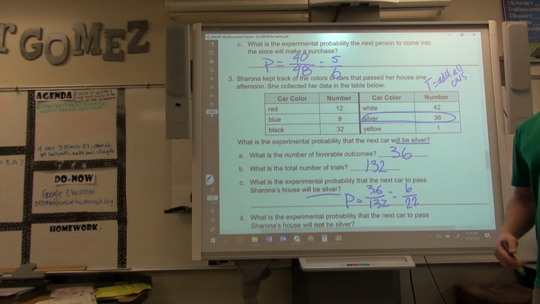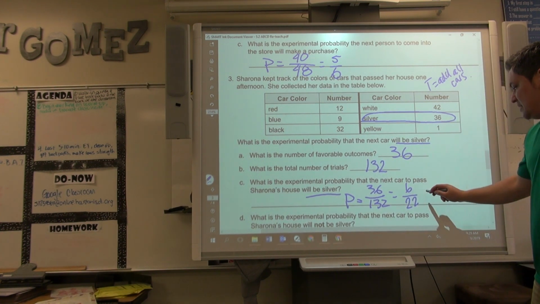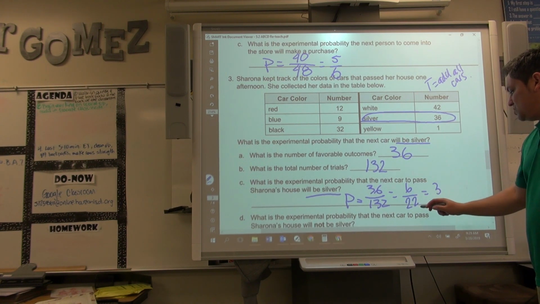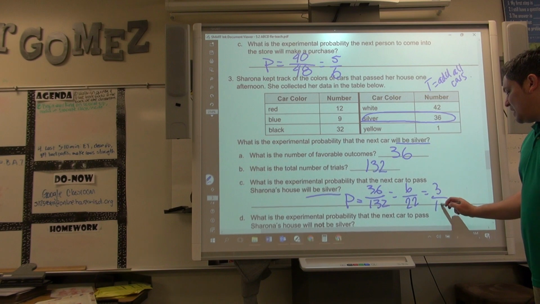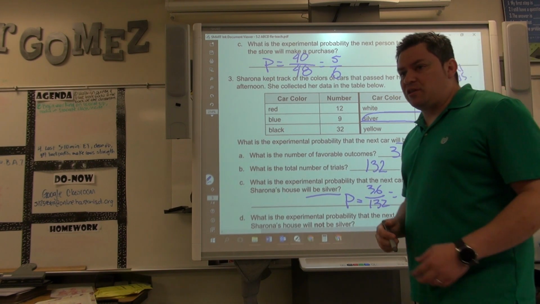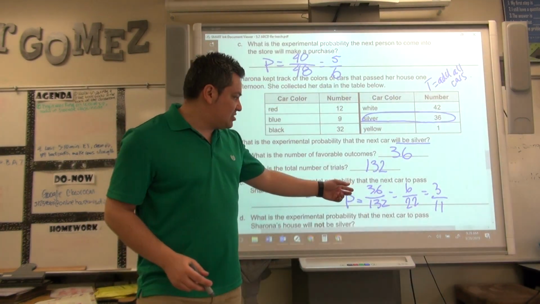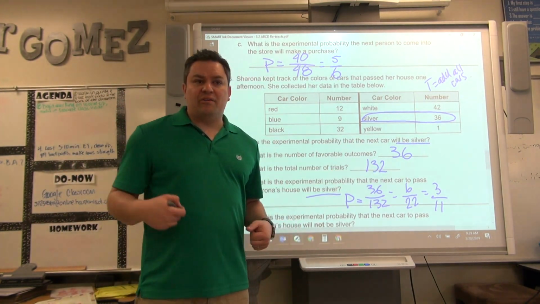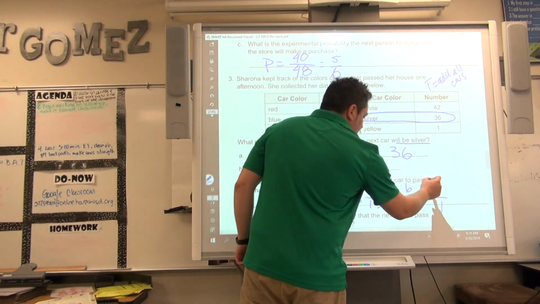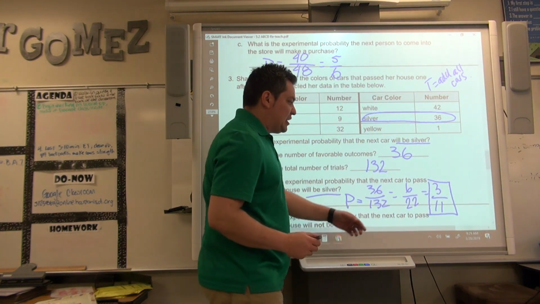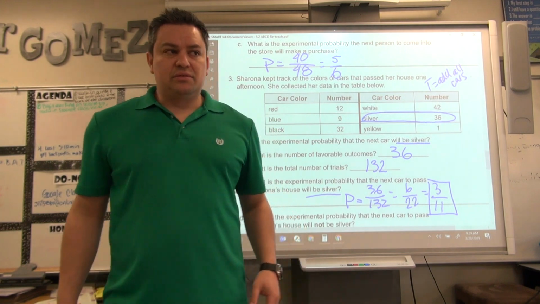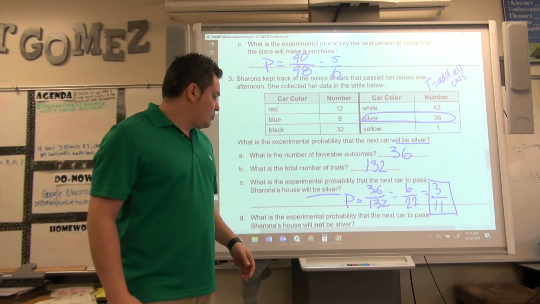But I know I can go a little further and halve them: 6 divided by 2 is 3, and 22 divided by 2 is 11. I can't go any further. So the probability the next car will be silver is 3 out of 11. That's the same as saying 3 out of the next 11 cars will be silver. That's exactly what it's saying.